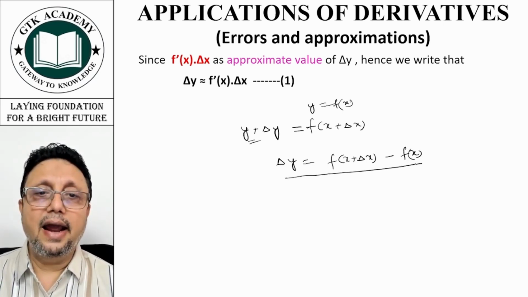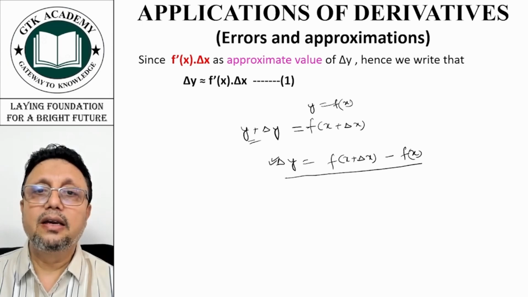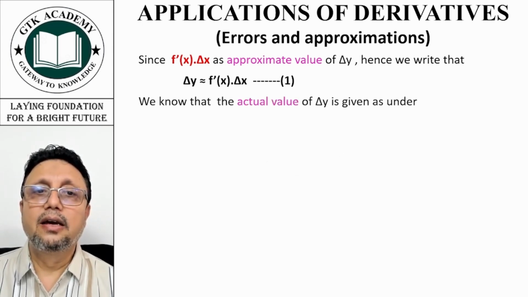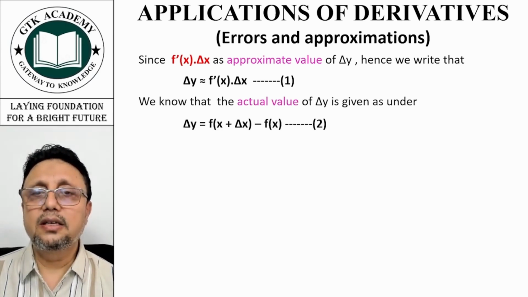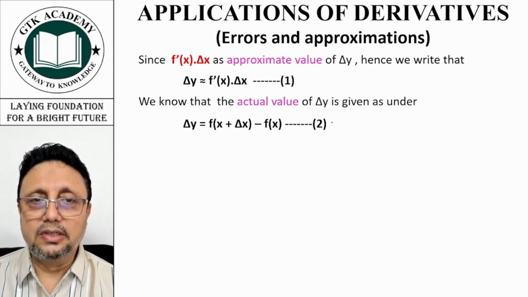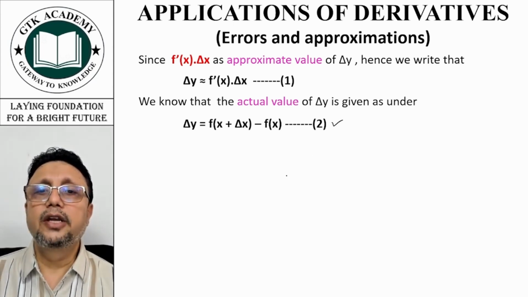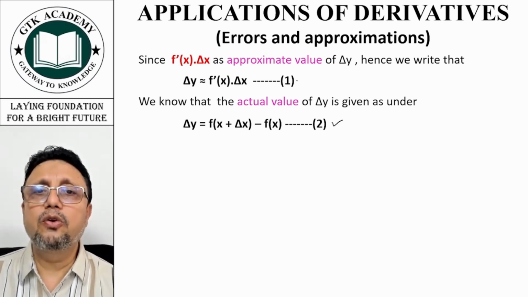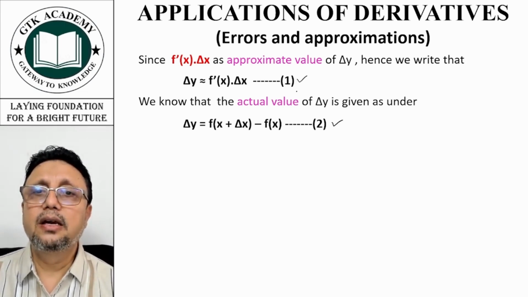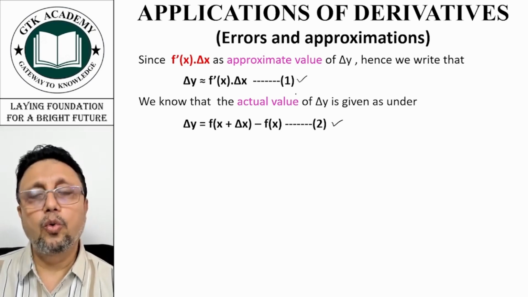This is the actual value of delta y. So we can write it like this. So now you have two equations. One is the actual value of delta y, which is given by equation number 2, and one is the approximate value of delta y, which is given by equation number 1.